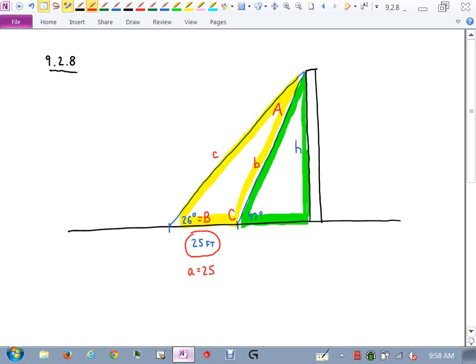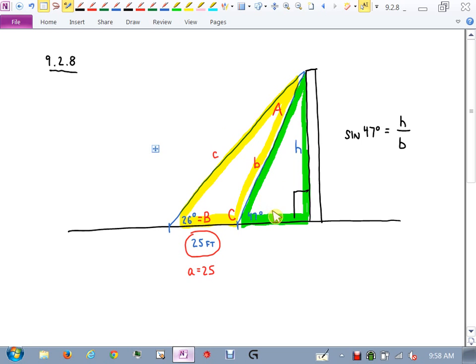Let's see if y'all really understand that. What I'm saying is that with this green triangle, tell me if I could write this right now. Sine of 47 degrees equals h over b. Do you agree with that? Sine of 47, here's 47 degrees. Sine is, because it's a right triangle, right? That's the key.